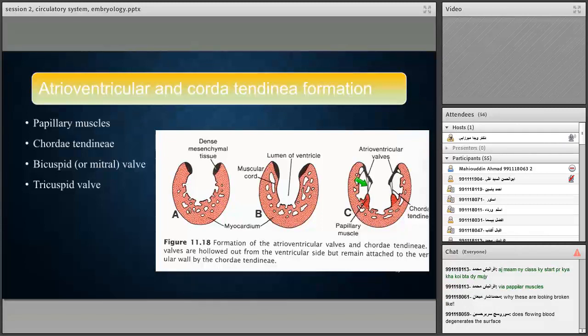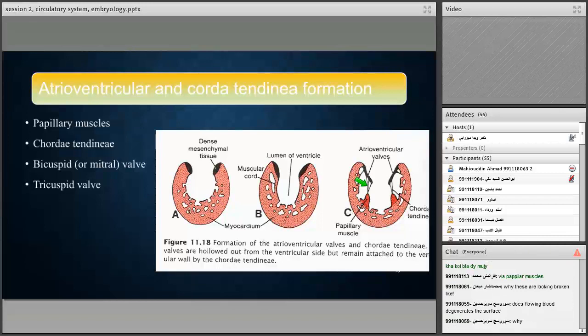Yes, the blood flow is degenerating the surface muscles because it has high pressure. Think that, for example, you have a loose tissue in some part and you are flowing water or something onto that part. So degeneration is happening. In ventricles also we have this.